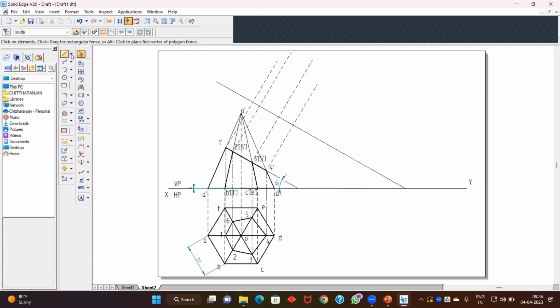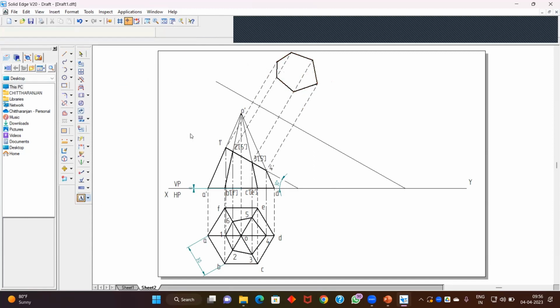So draw the section. That line must be thickness of 0.50 and continuous line. So we got the section now.